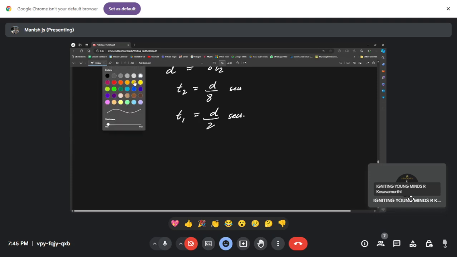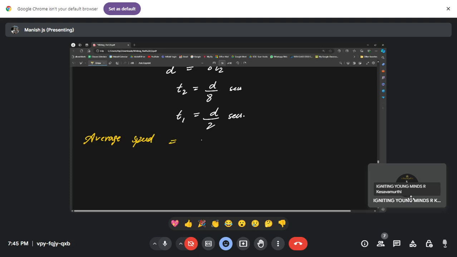Now, by using the formula for average speed, which is total distance traveled divided by total time taken, make use of this particular relation.